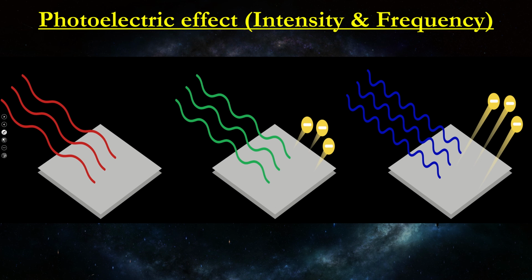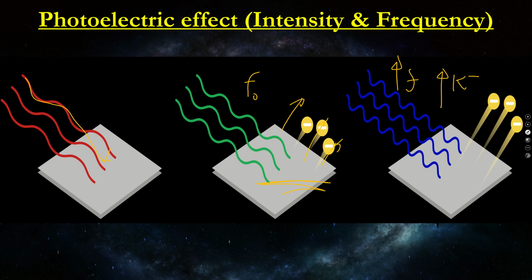So to illustrate it nicely here, if you have, let's say, red light coming through, striking a piece of metal, no change. If you have green light striking the piece of metal here, you'll displace these electrons. If you strike it with a wavelength with an even higher frequency, it'll gain even more kinetic energy here.